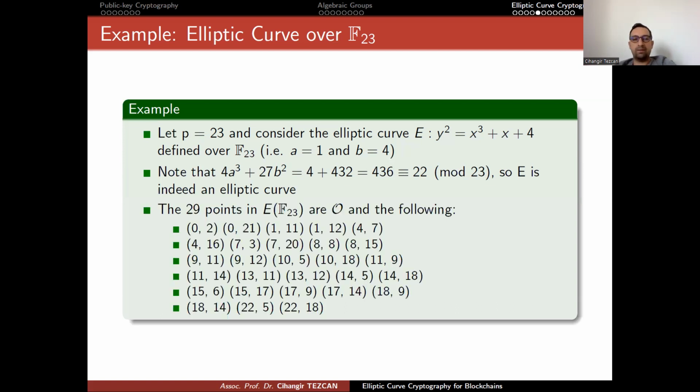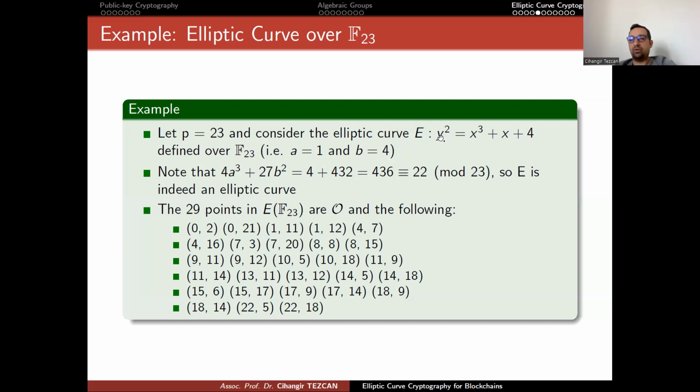So now let's look at the points on this elliptic curve. Since this number is small, you can try one by one. We said that we are looking at the coordinates x and y where they are inside the field. Just for instance, let's choose x equals 0. When x equals 0, these cancel, so you end up with y squared equals 4.